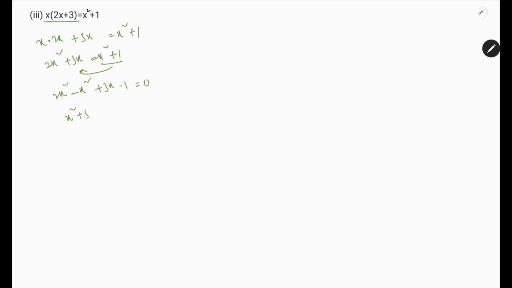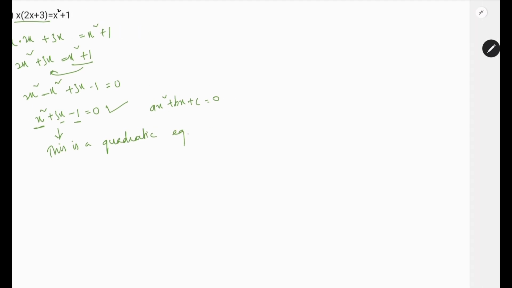It is x square plus 3x minus 1 equal to 0. Is this in the form of ax square plus bx plus c equal to 0? Yes, here we have the x square variable, we have x, and here we have the constant term. So this is in the form of a quadratic equation. This is a quadratic equation. Next one.